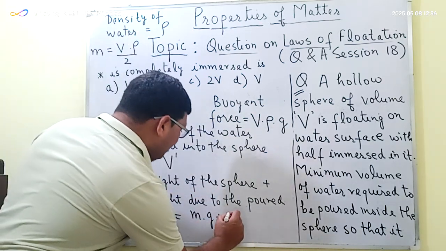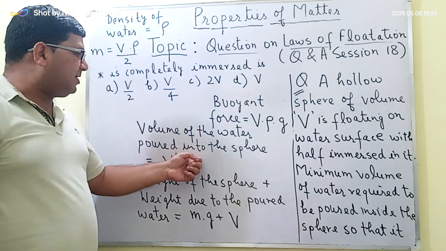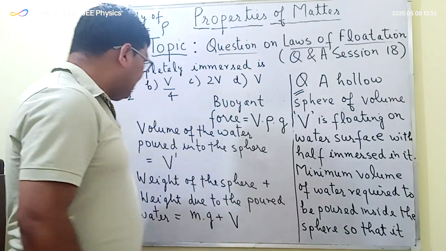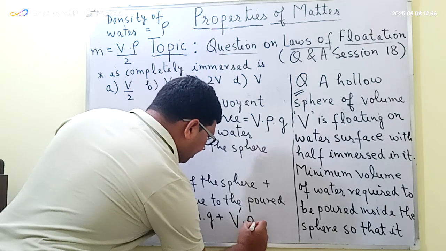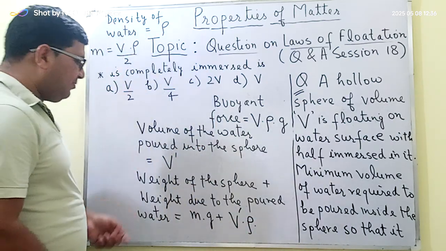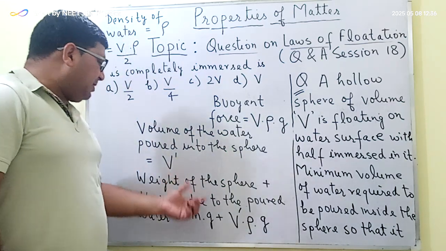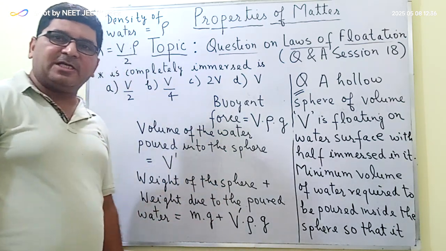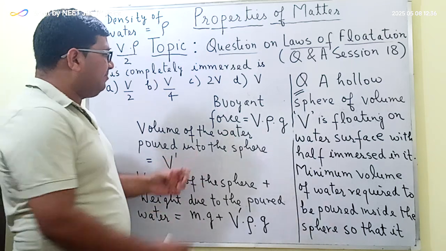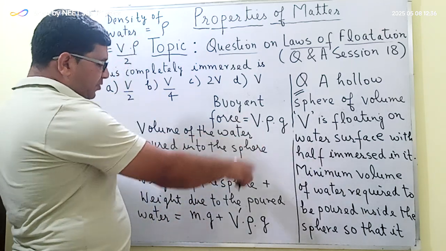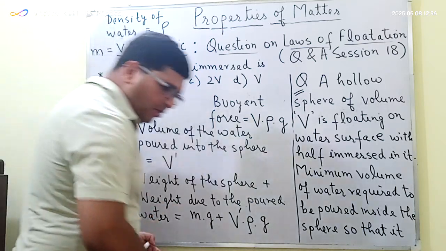Here we have taken the volume of the water poured into the sphere so that it is completely immersed as V dash. So V dash into rho, where rho is the density of the water, into g. This is the total weight acting vertically downward. In the state of equilibrium, the buoyant force should be equal to the total weight acting vertically downward.